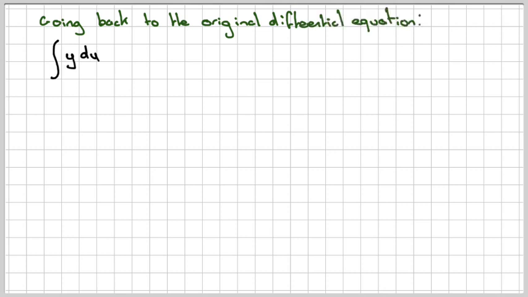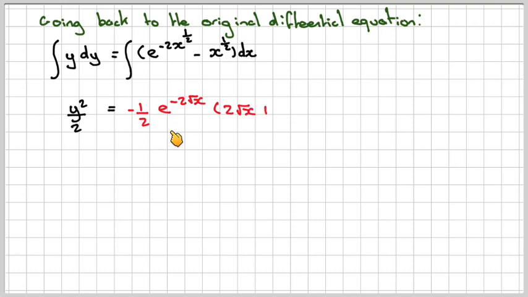Okay, so going back to the original differential equation, which is this. Integrate y dy, it gives you y squared over 2. If we integrate this, the bit in red here is the bit that we just worked out on the previous page. And then if we integrate this, we're going to get x to the 3 over 2.